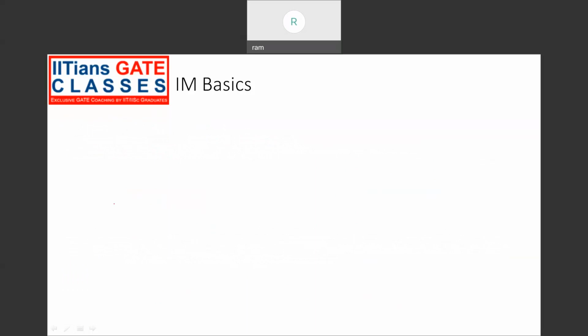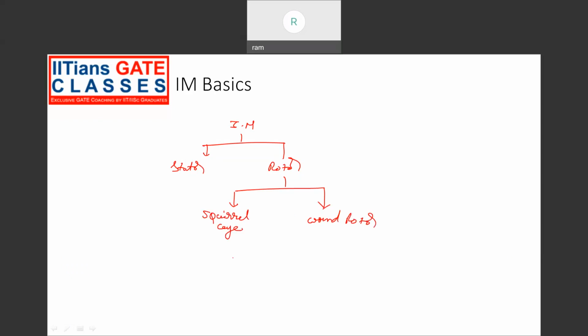One is the squirrel cage type, the other one is the wound rotor type. An induction machine has both stator and rotor. One is squirrel cage, the other one is wound rotor. This is called slip ring.